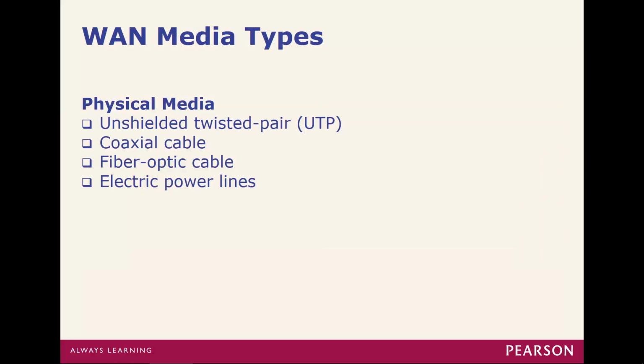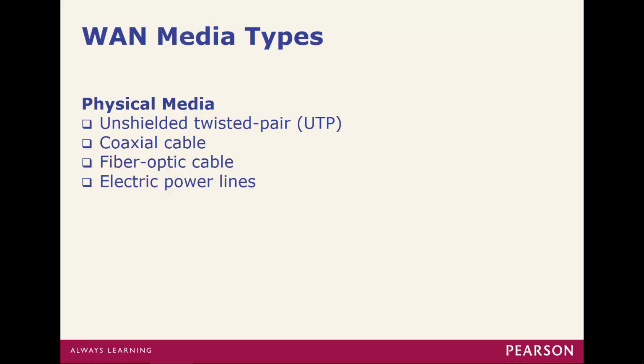Media types. Normally, if we're talking physical media, we're talking copper or fiber. If we're talking copper, we're talking about shielded or unshielded twisted pair, or twisted pair in general, or maybe coax. If we're dealing with fiber, we're dealing with fiber optic lines. Also, electrical power lines could be a WAN media.